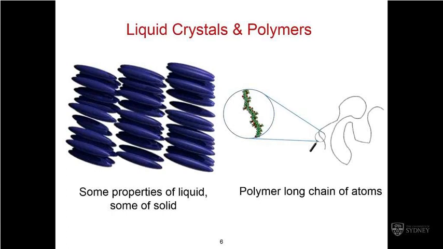Polymers, like this, just look like a long string of atoms. When you blow it up here, you can see it's quite a complicated structure. Again, we are not looking at these kinds of materials right now.